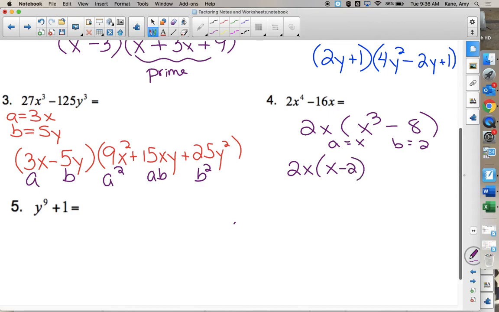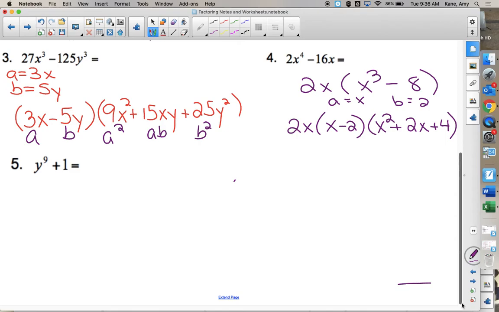Nice. Questions? So GCF first, 2x. And then the cube root of x cubed is an x, the cube root of 8 is 2, and then using the formula.